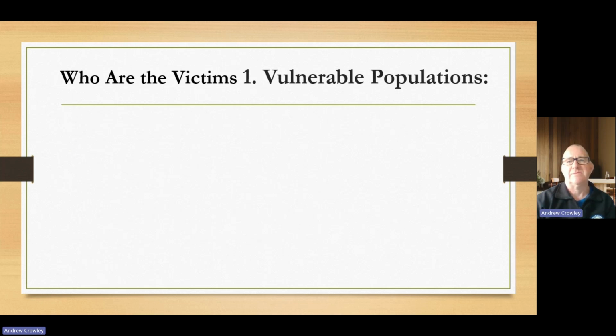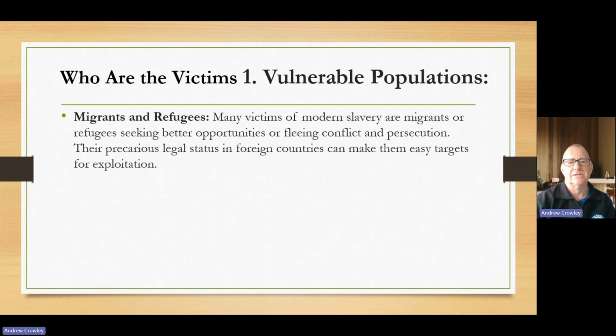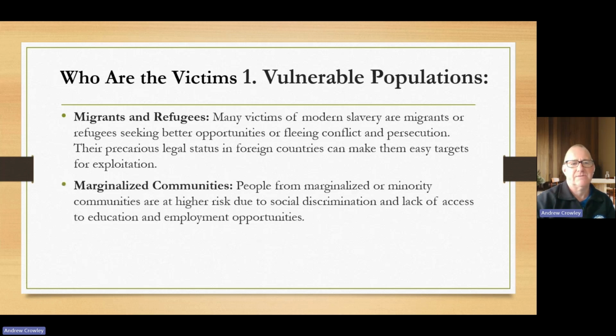So who are the victims? And the victims are many. Let's start with vulnerable populations, migrants and refugees. Many victims of modern slavery are migrants or refugees seeking better opportunities or fleeing conflict and persecution. The precarious legal status in foreign countries can make them easy targets for exploitation. There's also marginalised communities.